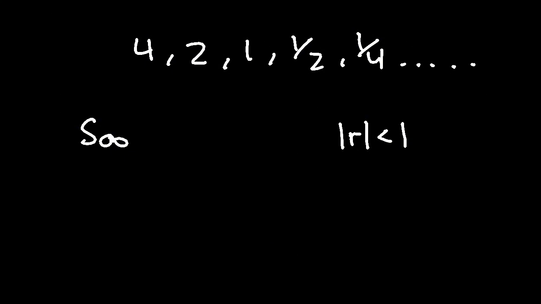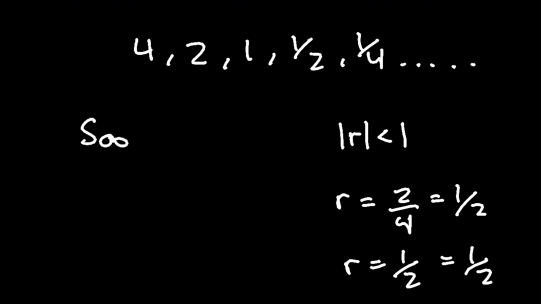So let's calculate the common ratio of this geometric sequence right here. 2 over 4 is 1/2. We can also check, 1 over 2 is equal to 1/2. And so therefore our common ratio is 1/2.